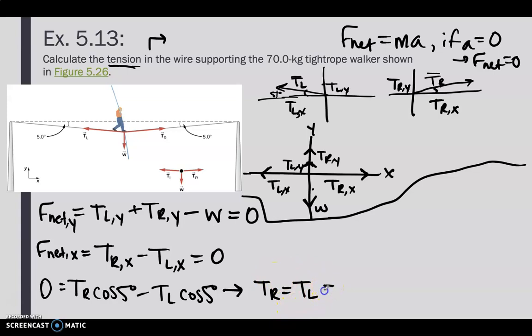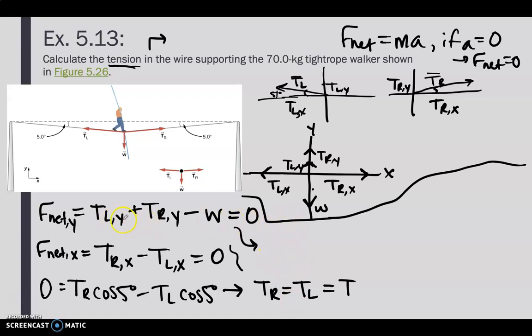Or we can say that is the tension T. So now let's take this equation and see if we can find another relation here.